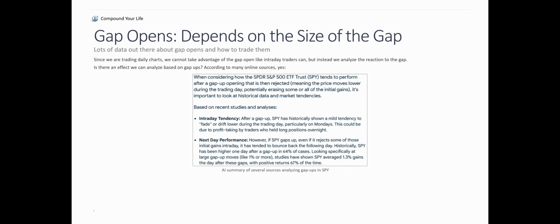And based on what ChatGPT could scrape off the internet, it has effectively said that usually, even if SPY was to give up the gains from the gap up, historically, the day after that, it goes higher in 64% of cases. And also, if the gap is large, then there tends to be large gains following that gap as well.